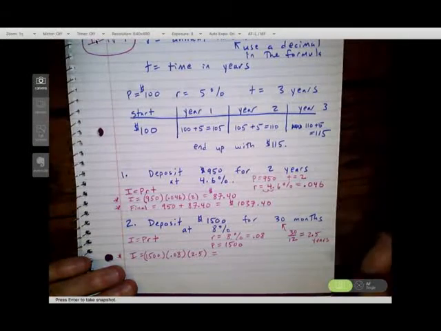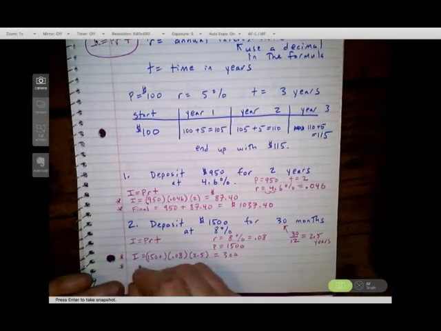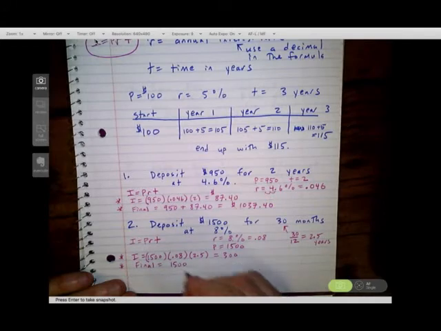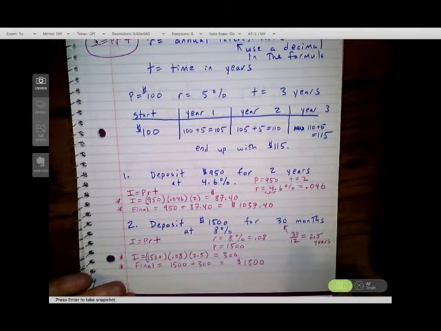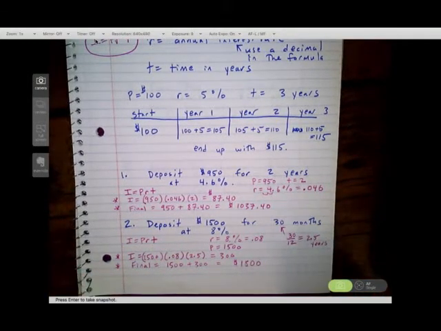So we're going to get $300 in interest, and that means our final amount is going to be our principal, $1,500, plus the interest, which is going to be $1,800. Okay, so again, two things, the interest and the final amount.